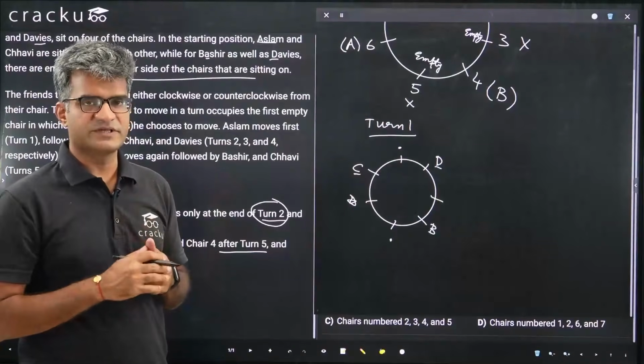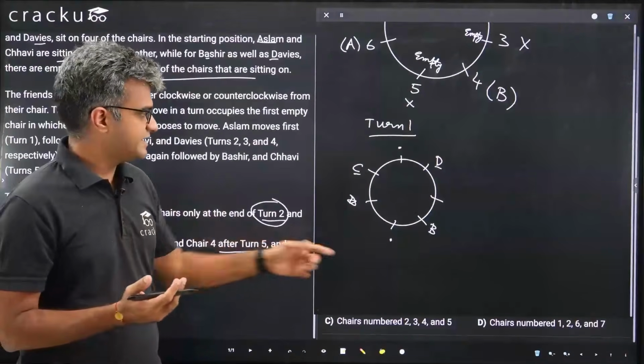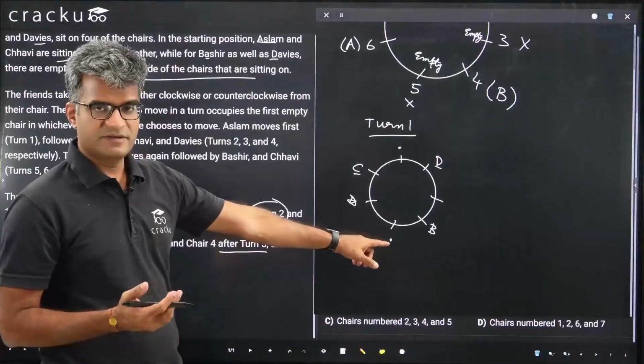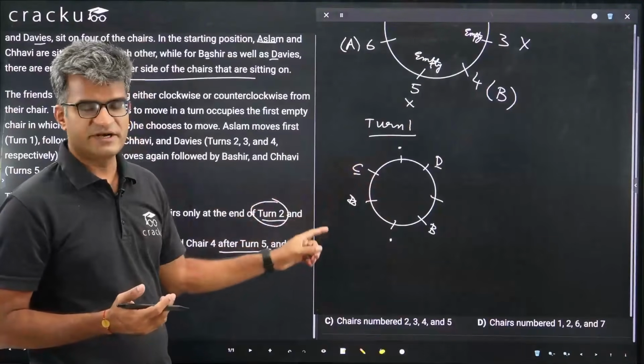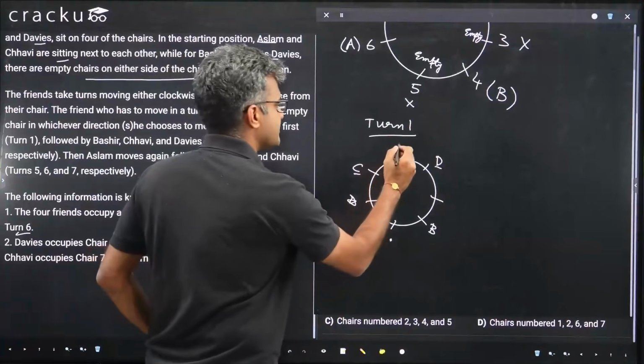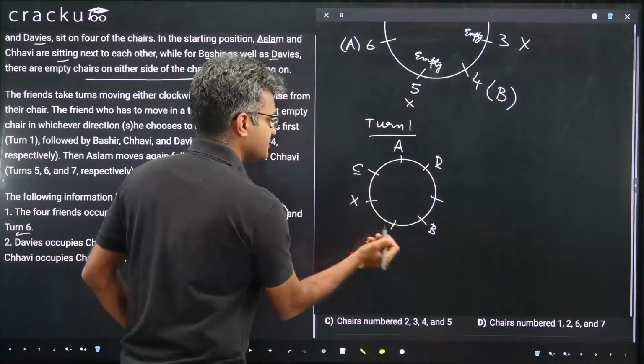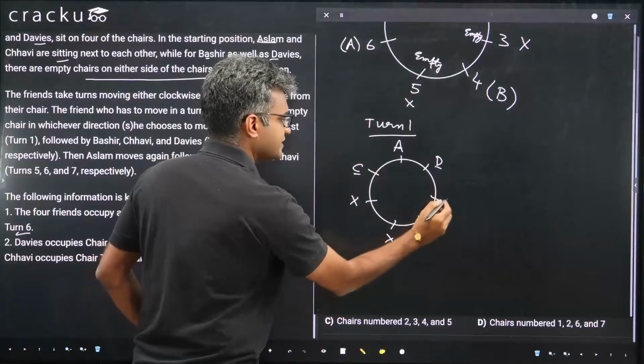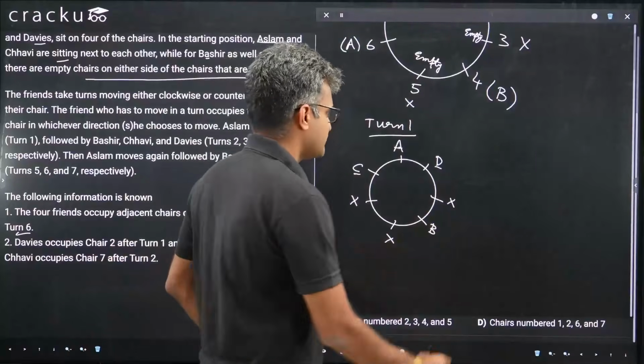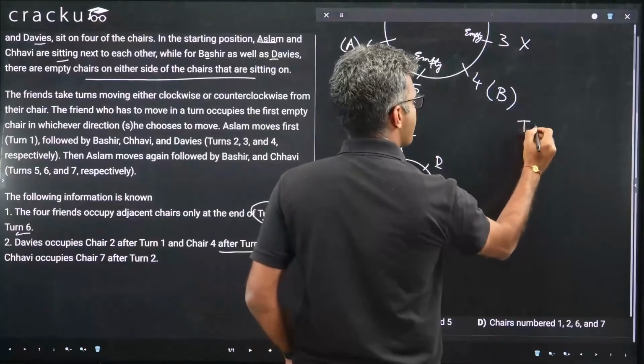And if all of them are sitting together, the only possibility is that A cannot come over here, because in that case they will not be sitting next to each other. So A has to definitely come over here, and these will be the empty chairs. This will be empty, this will be empty, and this will be empty. What about turn 2? This is after turn 2.